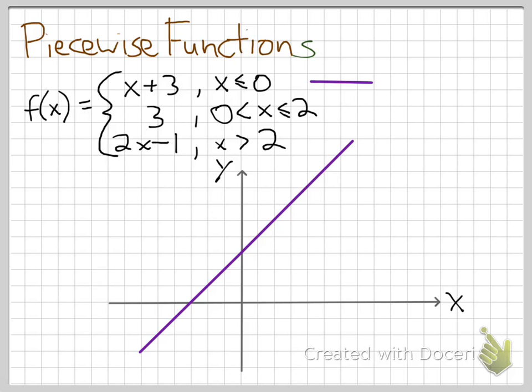Then we have just 3, and 3 we'll do in this color. 3 is a horizontal line. It's essentially saying like f of x equals 3 or y equals 3. Goes through there. And last one is 2x minus 1. Let's change colors here with my lines.